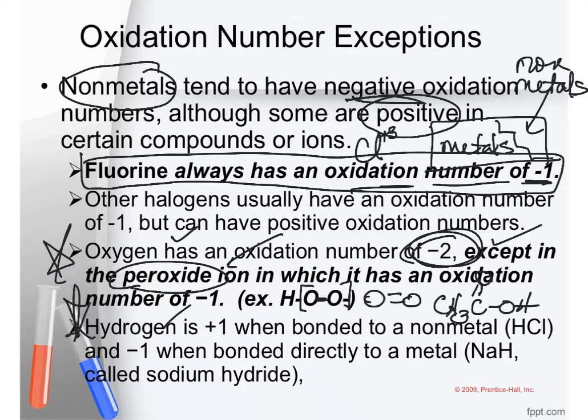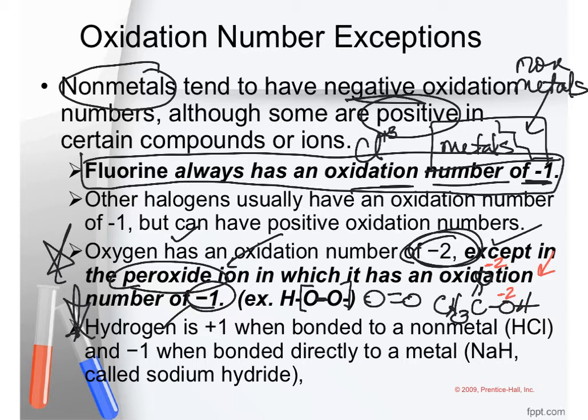The peroxide you have in your house probably is that. The oxygen in peroxide has an oxidation number of -1, but every other place it is -2. So if I were starting to assign oxidation numbers in this acetic acid, I almost always start with oxygen. I'm going to give the oxygens -2 because I don't see any oxygen-oxygen direct single bond linkage.